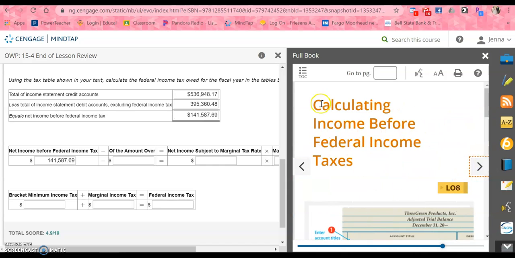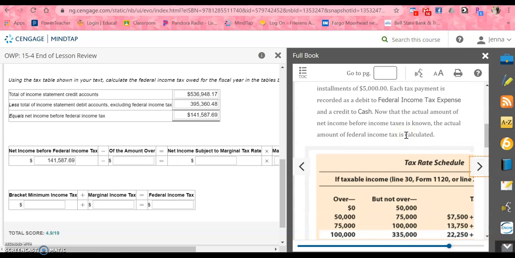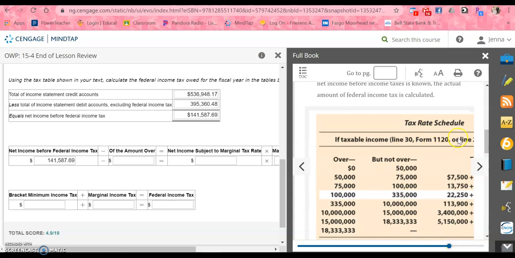Okay, and so this is what I want, calculating federal income tax. Okay, so here, this is the tax table you want. The annoying thing for me is I can't really make this bigger on my screen. You might be able to make it bigger on your screen, hopefully.